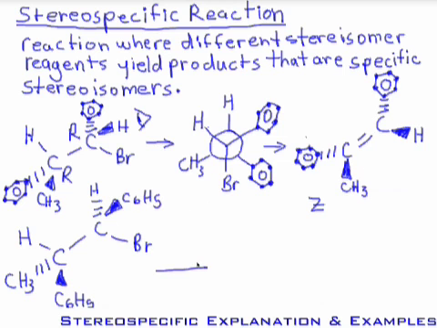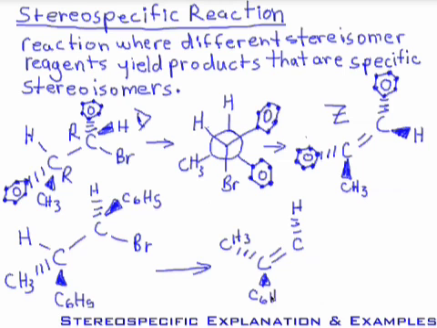Well, if I do my elimination on that, and I draw my alkene, both phenyls are on the wedges now when it forms.